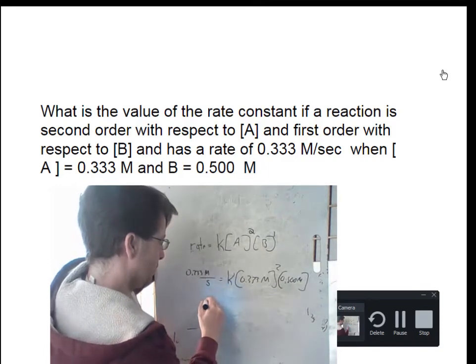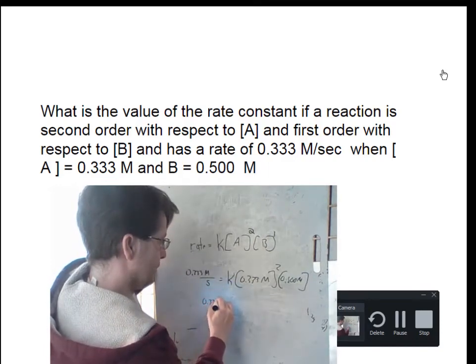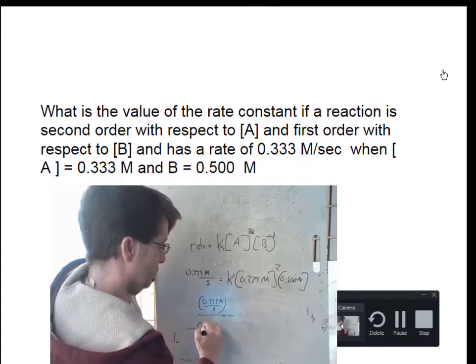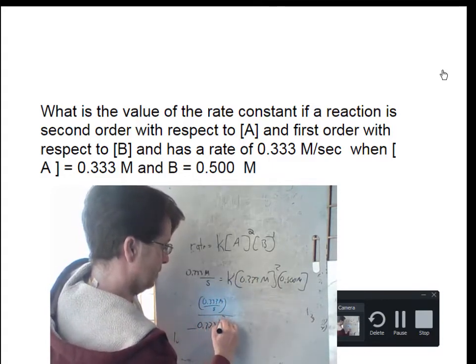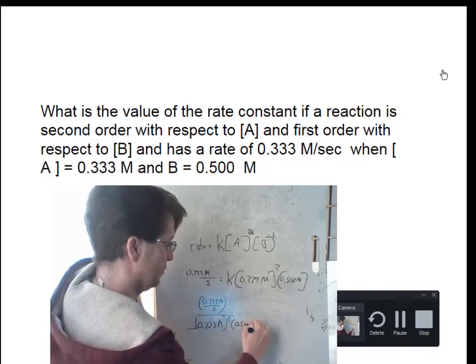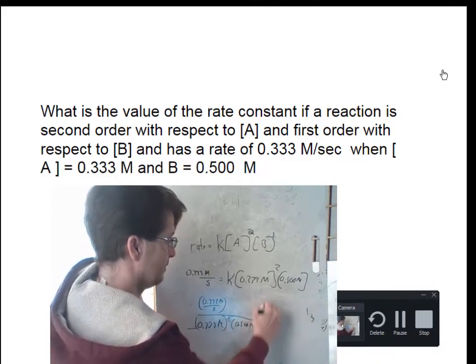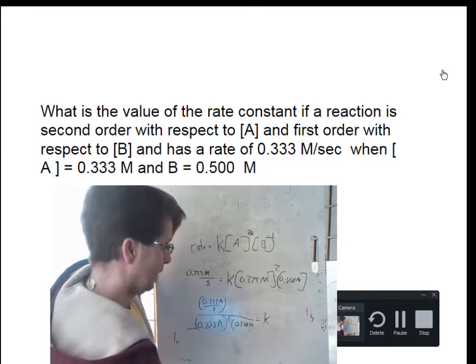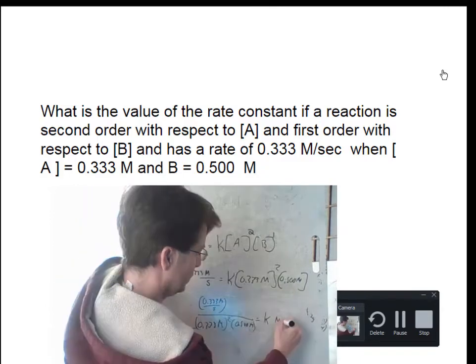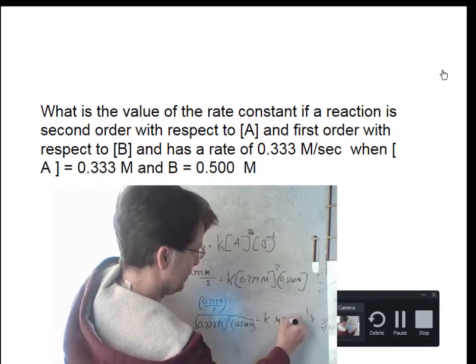So let's actually solve that. 0.333 molar per second divided by 0.333 molar squared divided by 0.500 molar to give us the value of K. And the units for this would boil down to molars to the -2 seconds to the -1.